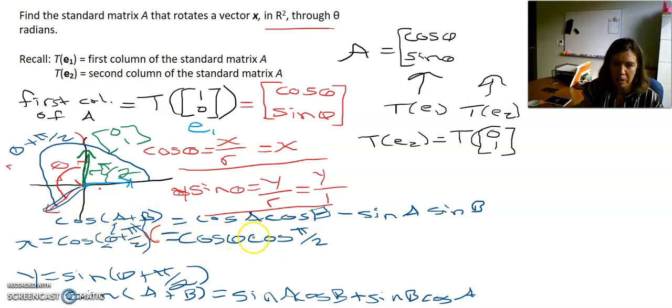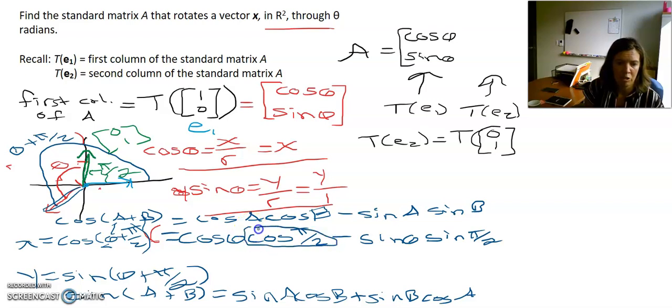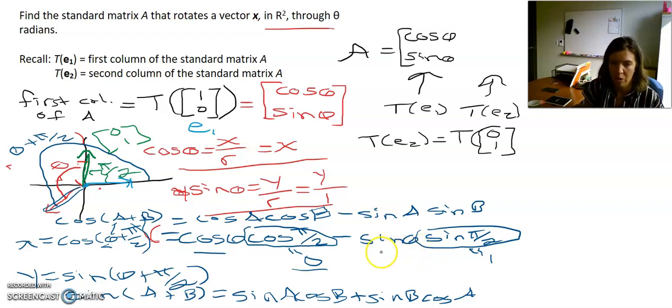So applying this formula for cosine, it's going to be cosine of theta times cosine of pi over 2 minus sine of theta times sine of pi over 2. Now cosine of pi over 2 is 0 and sine of pi over 2 is 1. So this is cosine theta times 0, so that whole thing's 0, minus sine of theta times 1. So this is all equal to negative sine theta. And that's going to be the x-coordinate for T of E2. So this right here is negative sine of theta.